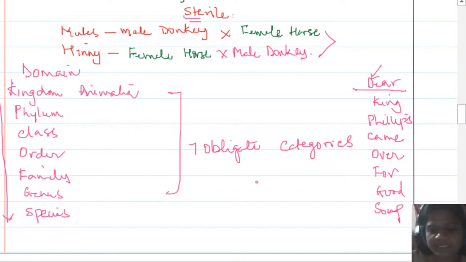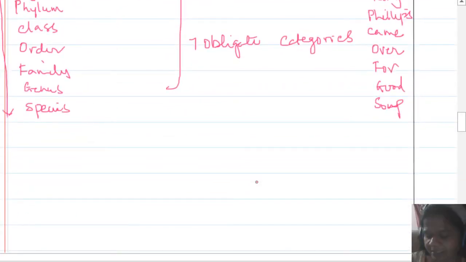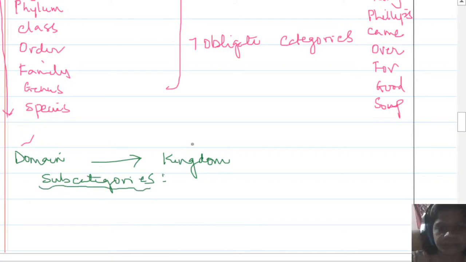Now, this is the classification that we have learned in our previous class, right? But from domain to kingdom, there are subcategories. Now, what are these categories? We have to learn this, and it is important to know, okay?